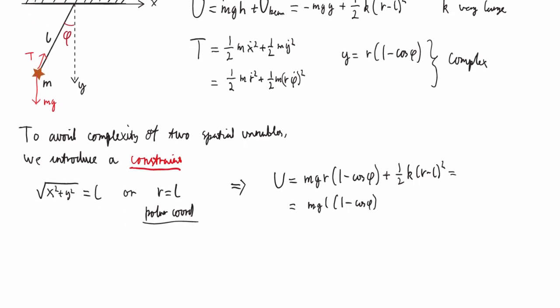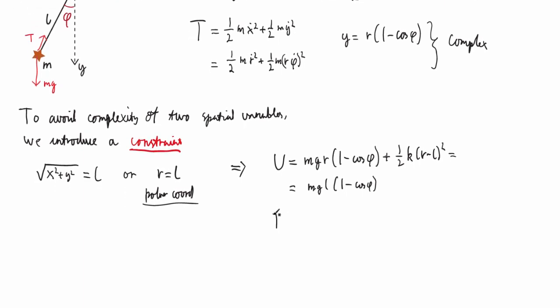That's simpler. And for the kinetic energy, well, R doesn't change. Let me write this down. 1/2 m r dot squared plus 1/2 m r squared phi dot squared. R doesn't change, so R dot is 0. So this term must be 0.